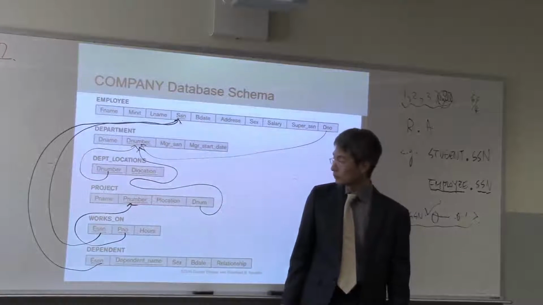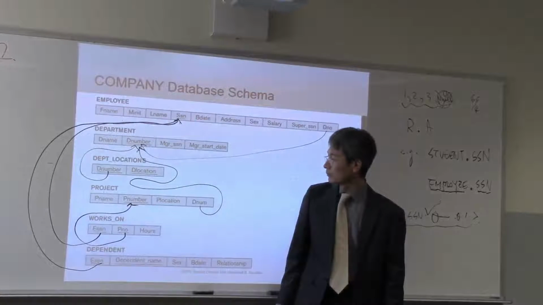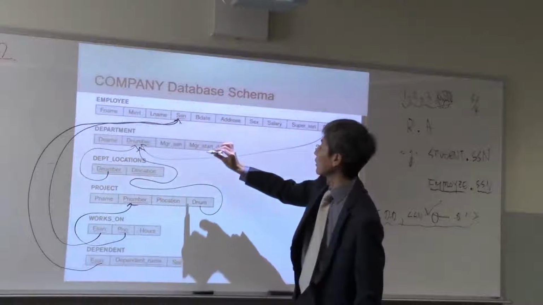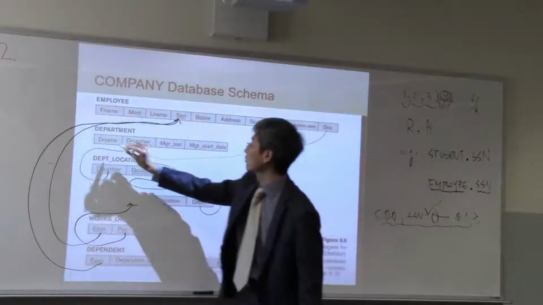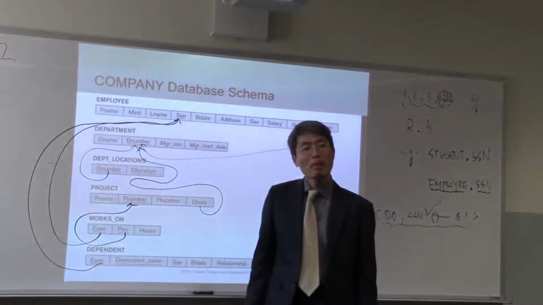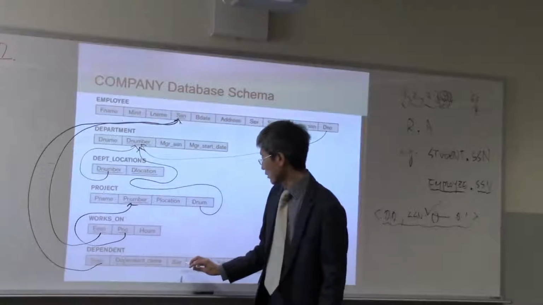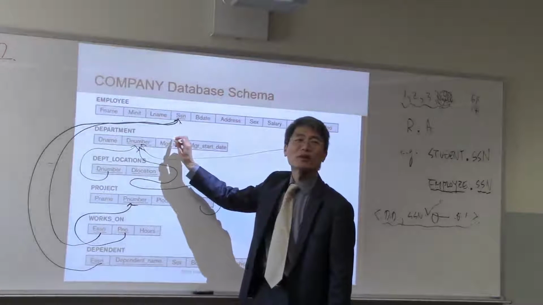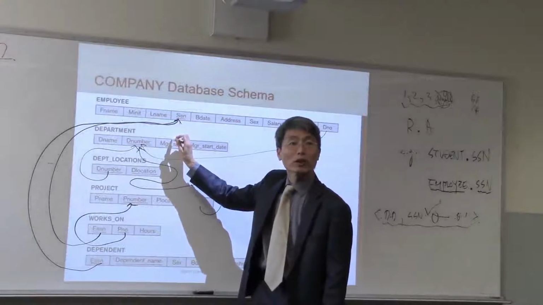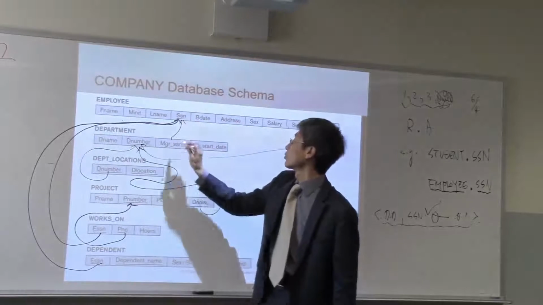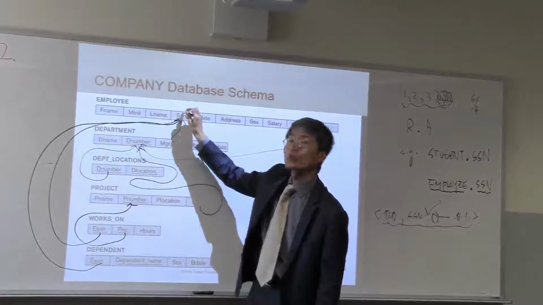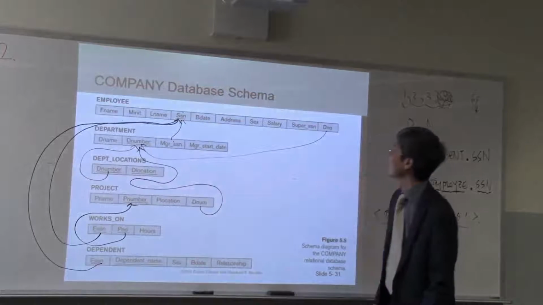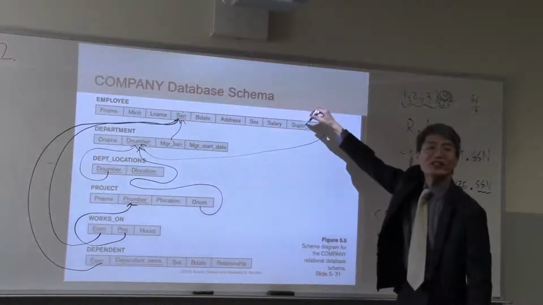Others? Department name? Where? Which department? No, dependent. Sorry. That's dependent. Manager social security number. Manager is also an employee, right? So it should be from referencing to referenced. Okay. Anything else? Super SSN.